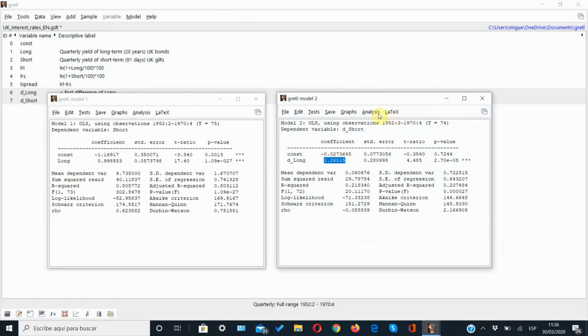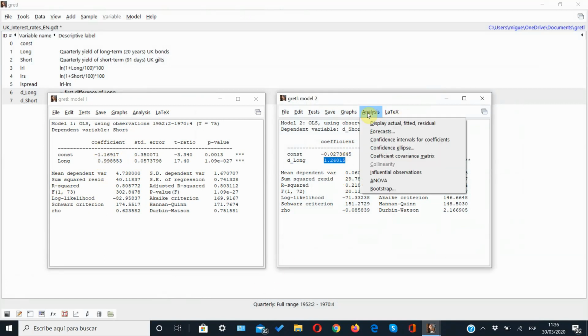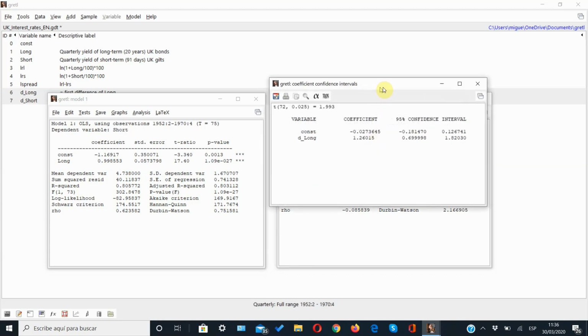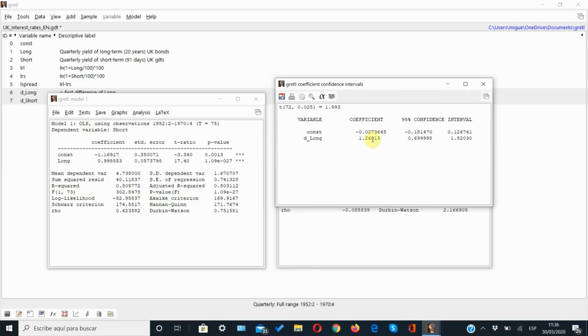In fact, if I compute for model number 2 the confidence interval for the slope coefficient, we see the point estimate, lower bound, upper bound, and 1 or 0.998553 is within this confidence interval.